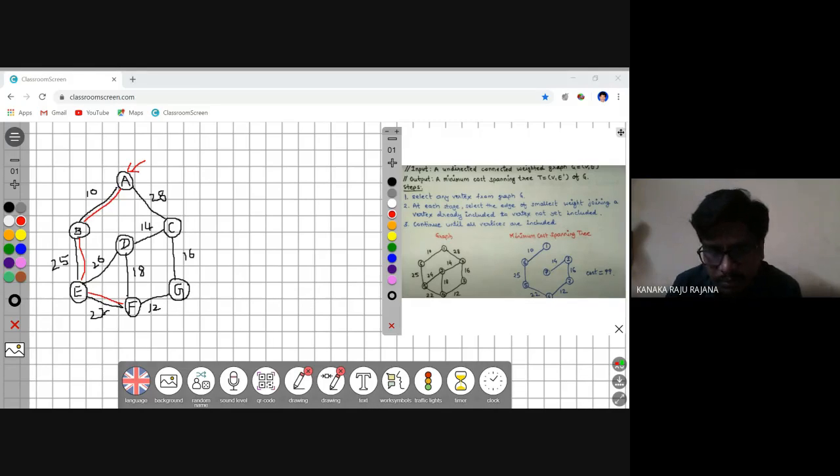Very good. Thank you. Now, the next important thing is, we have achieved the path up to the vertex F. From F, there are two possibilities: we can go towards D and we can go towards G. Clear? But here, what is the minimum cost?